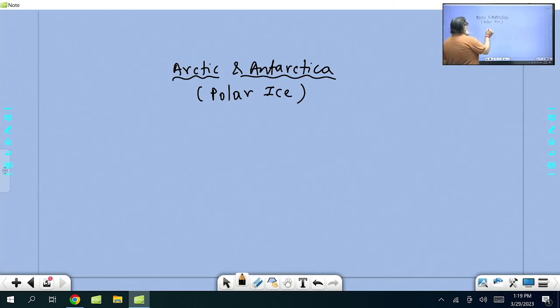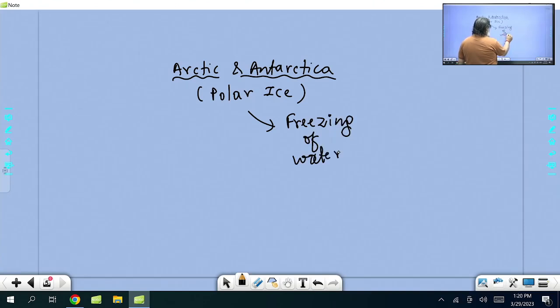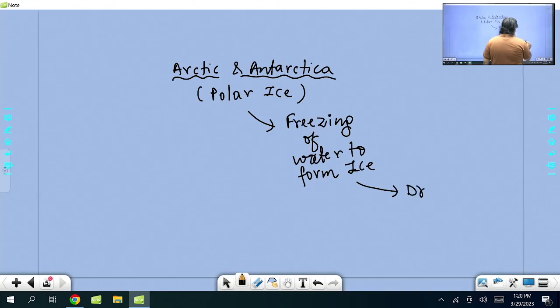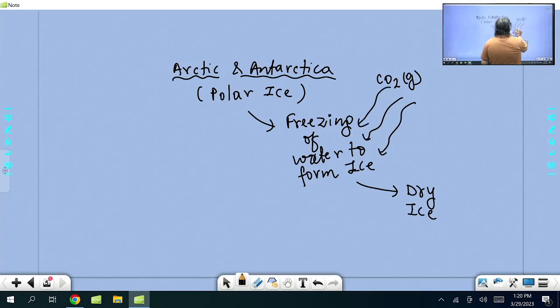So when they are formed, by freezing of water to form ice, what happens? It also results in this dry ice. So CO2 gas from the atmosphere gets solidified.